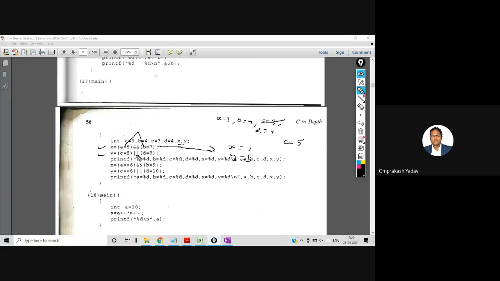So the compiler will not take that much effort, and the moment it sees the first input true in the case of OR, it will simply calculate the output. It is not going to resolve the second expression. So d is equal to 8 will not be executed.